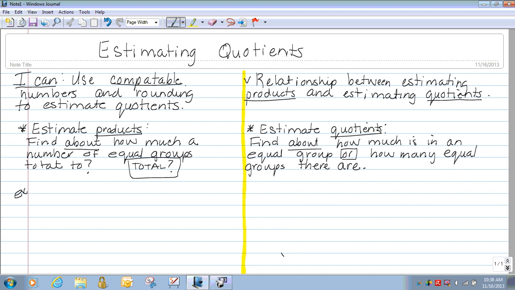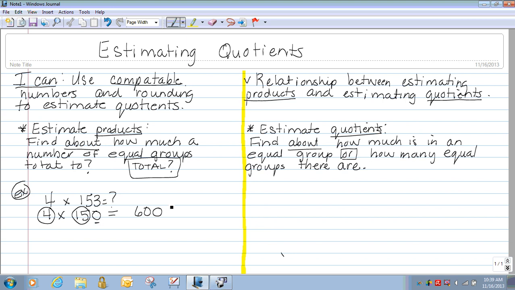For example, if I want to estimate 4 times 153, and I want to find the total or the product, I know that I can multiply 4 times 150. If I take 4 times 15, I know that equals 60.